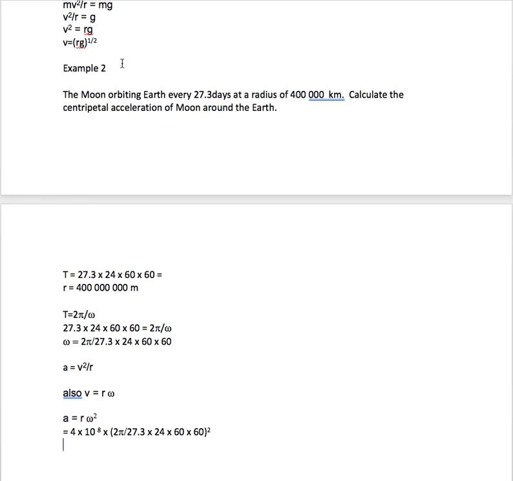That gives us 2.8 times 10 to the minus 3, which I'm sure you got there faster than me, because I made a few mistakes with my calculator there.